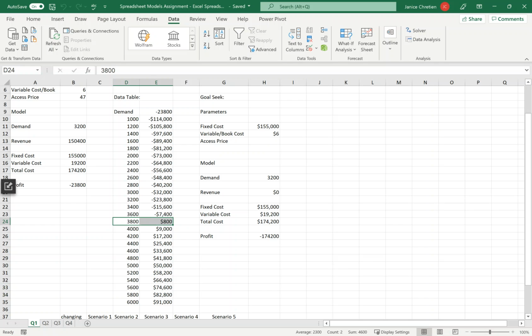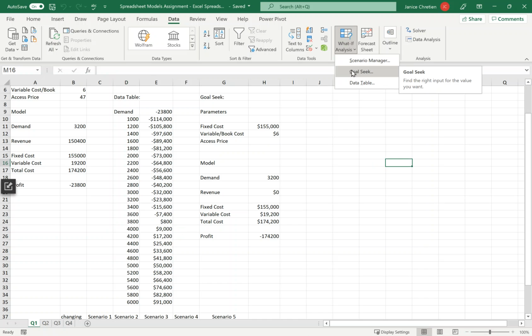Okay. Then for C, it wants us to use goal seek to determine the access price per copy that the publisher must charge to break even at 3,200 copies as my demand. Yours may be different. Okay, so to do that, we're going to say, What if analysis?